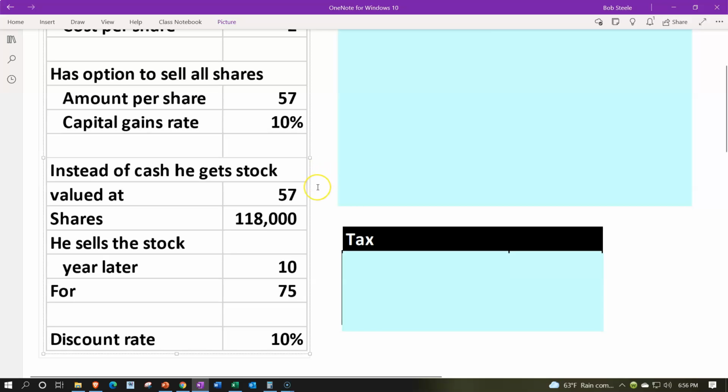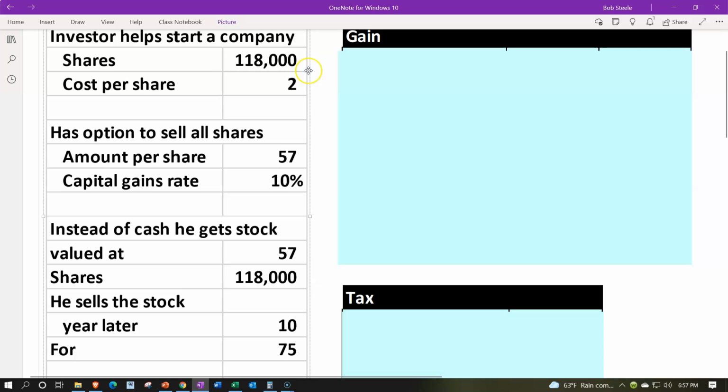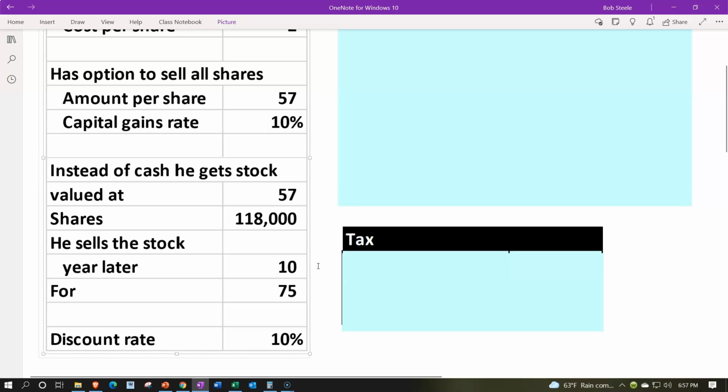So instead, they get stock valued at $57. We're going to make it nice and even, so the stock they're receiving is equivalent to the stock he owns, and then he sells the stock 10 years later. He's going to hold on to the stock for another 10 years before selling it. Again, we're assuming he doesn't have to recognize the gain in this case until he recognizes it by selling the stock.